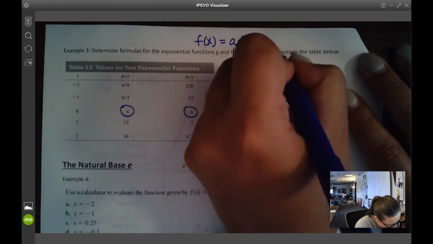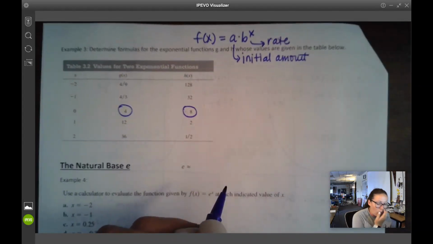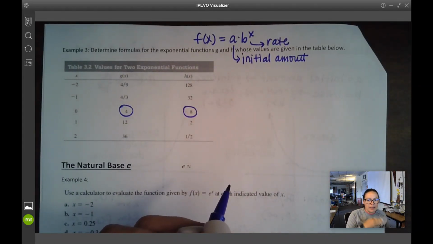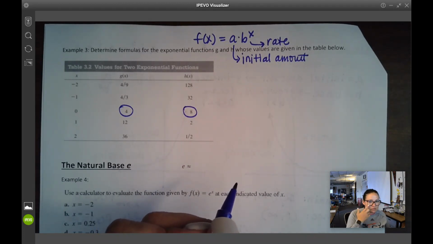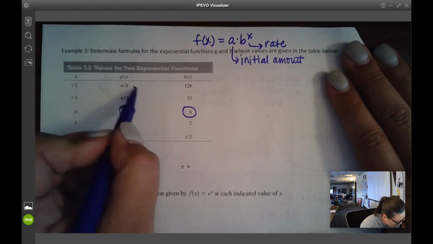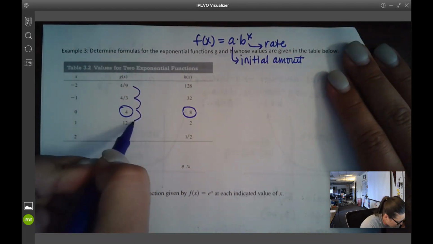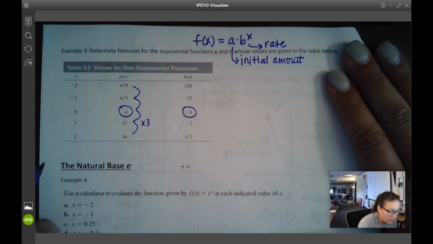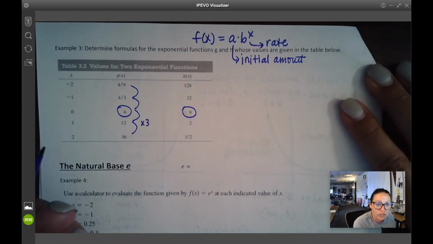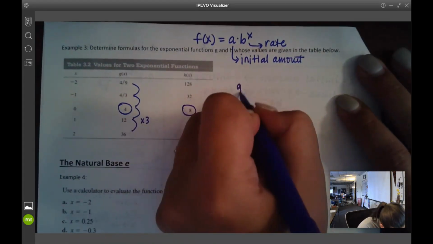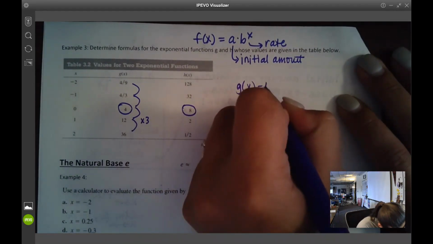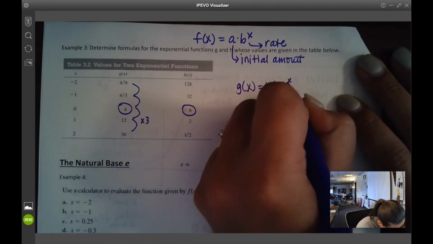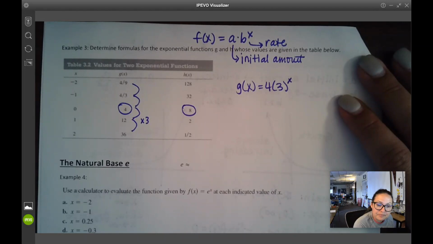b is the rate. Basically, what do I have to multiply by to get my next value? Okay, so if I look down the table, what's happening? My values are tripling every time, which means that b is 3. So I would say g of x is 4 times 3 to the x.